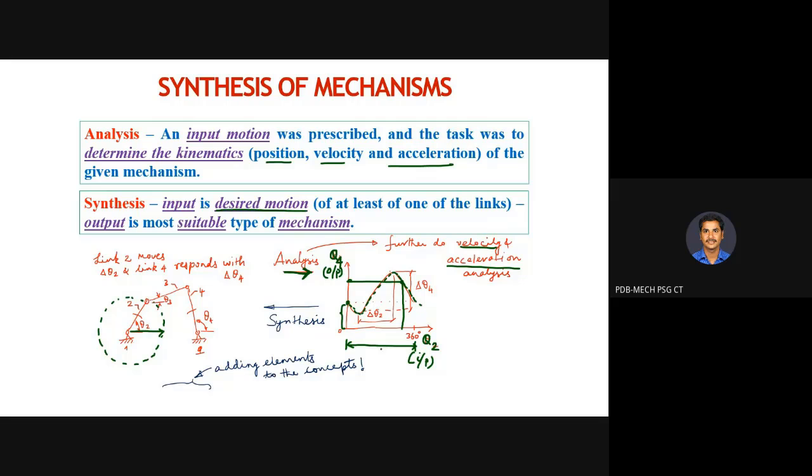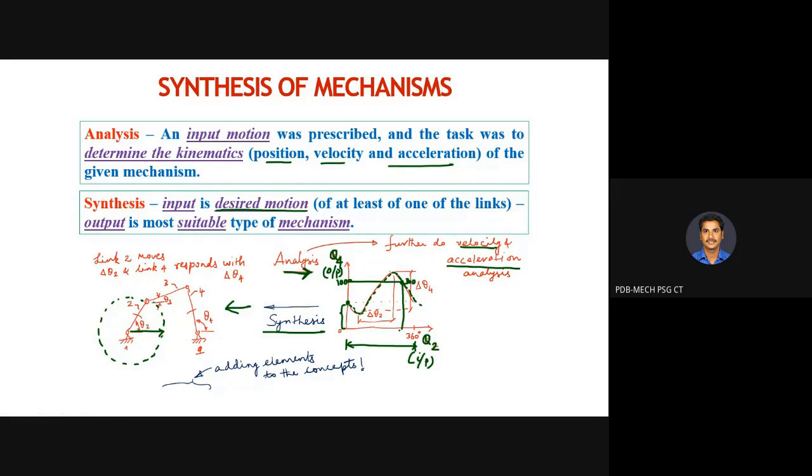So to achieve this, for example, for a given theta 2, that is for a given input angle, here at 300 degrees, what is the corresponding output? Let it be 100 degrees. To achieve this, what mechanism are you going to develop? That is nothing but your synthesis.